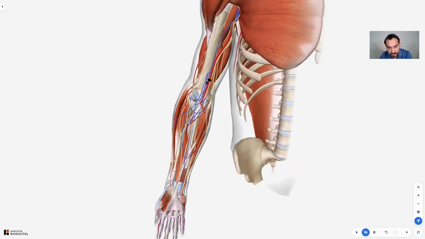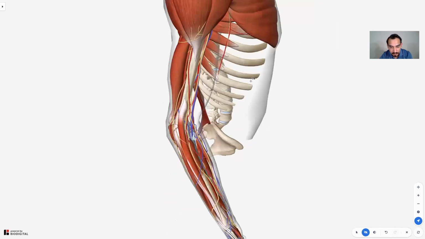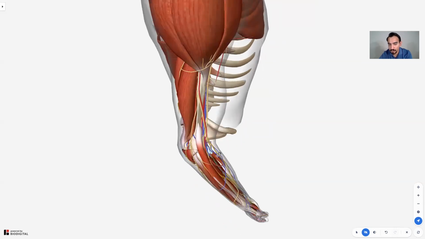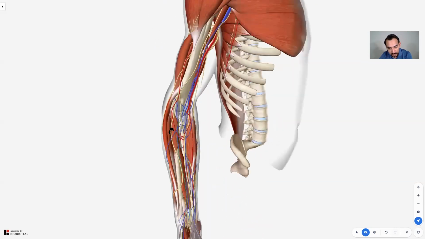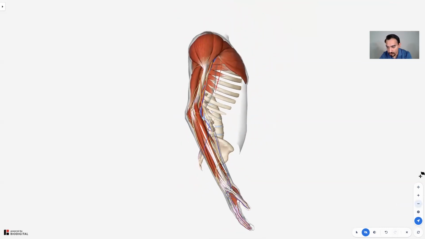So that's your lateral epicondyle. And just above that, look at this muscle originating there, lateral and superior to the lateral epicondyle, and it goes down. What do you think the insertion of that muscle is? That's actually your brachioradialis.